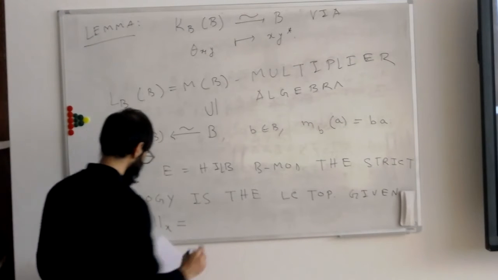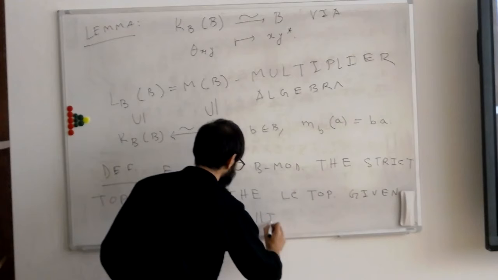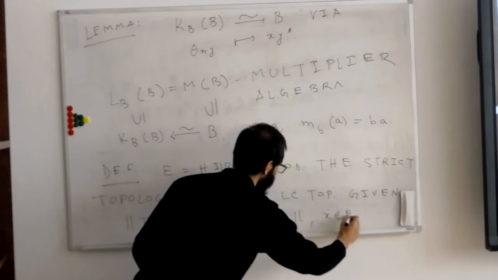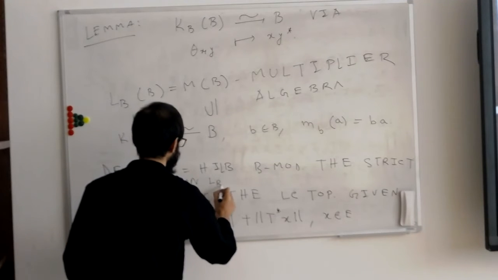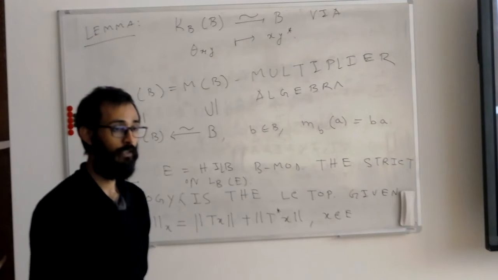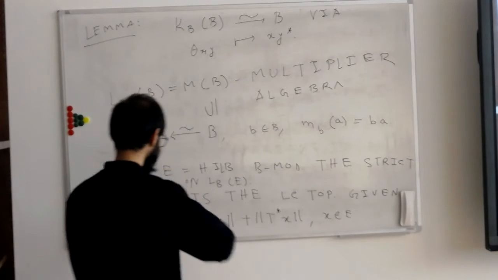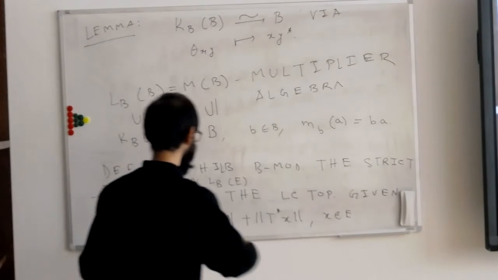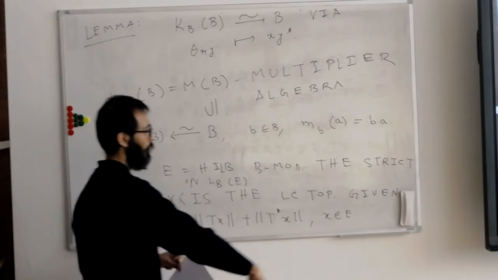So I'll just write what x is in a moment. The strict topology on L_B(E). What is the locally convex topology? So these are the seminorms. If you take B to be C, E becomes a Hilbert space. This is the strong star topology.